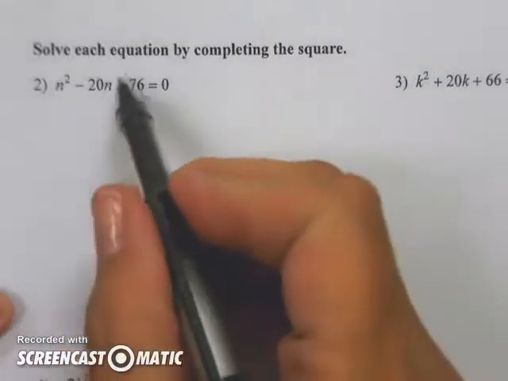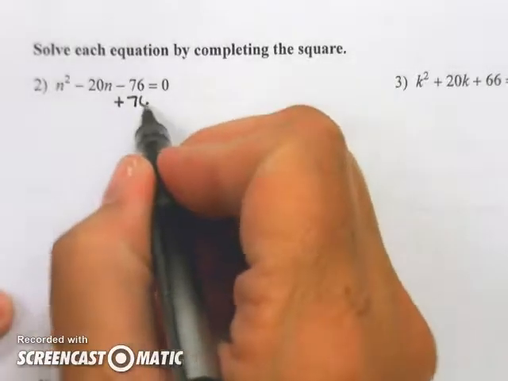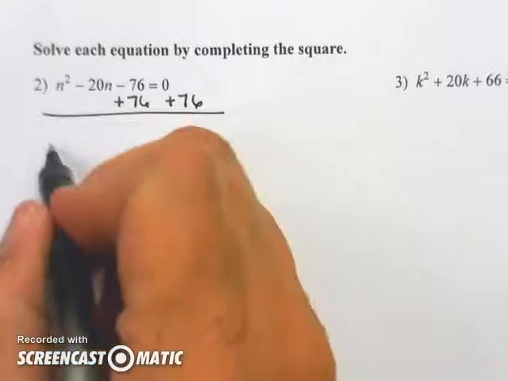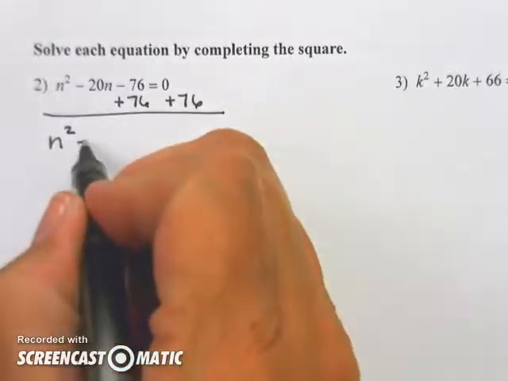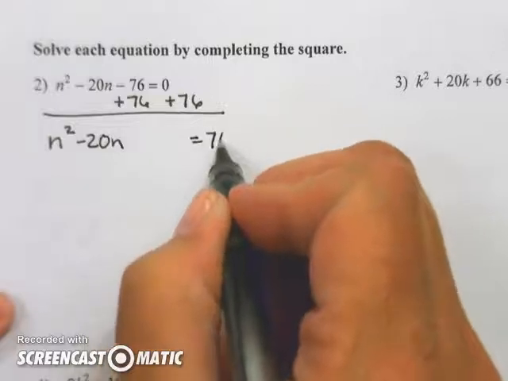So the opposite of minus 76 is to add 76. So n squared minus 20n equals 76.